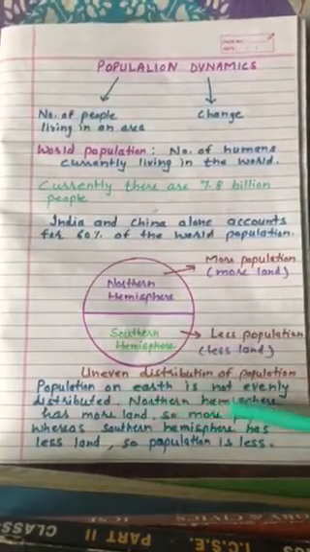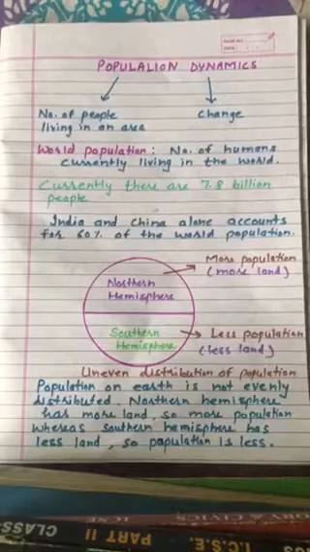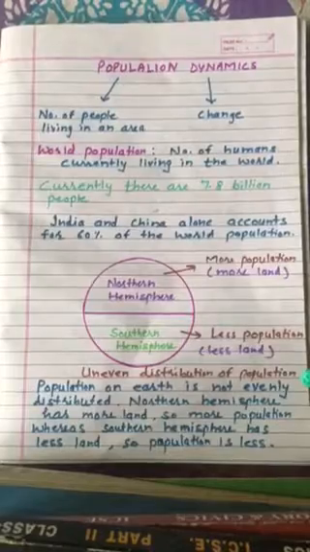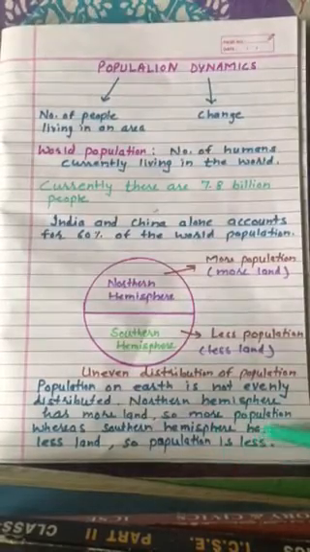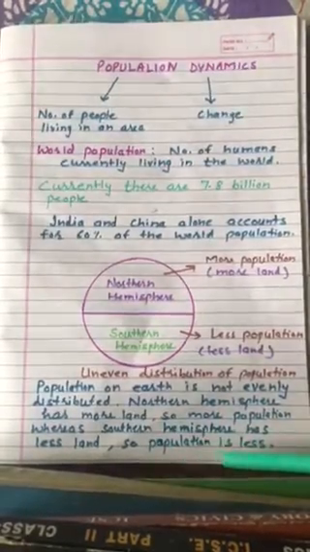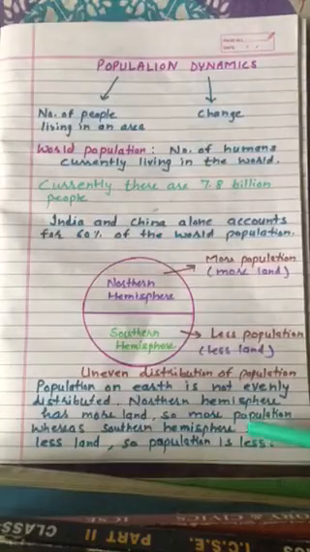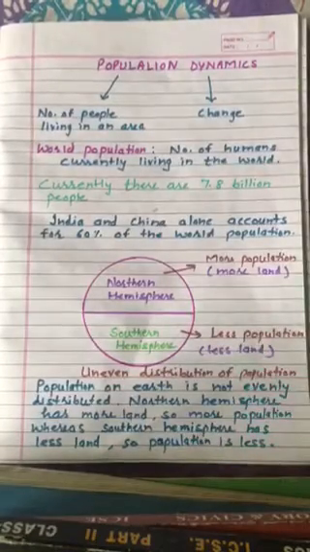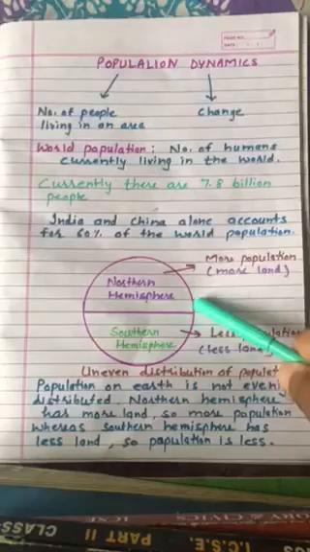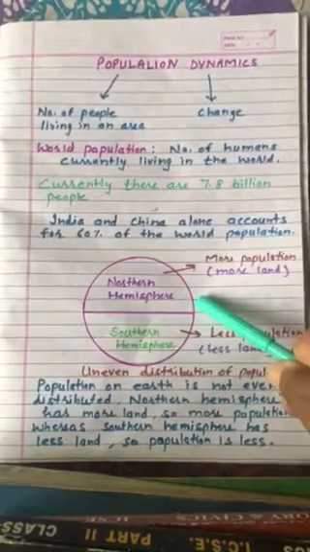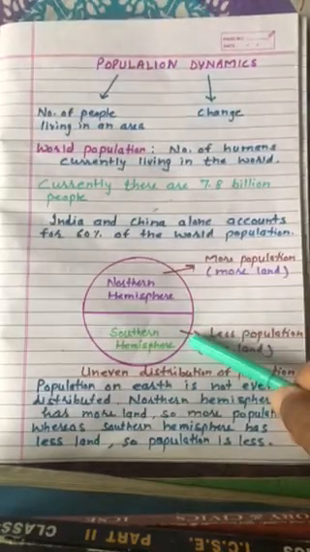Population on earth is not evenly distributed. Northern hemisphere has more land, so more population, whereas southern hemisphere has less land, so less population is living in the southern hemisphere. Northern hemisphere has less water and southern hemisphere has more water.